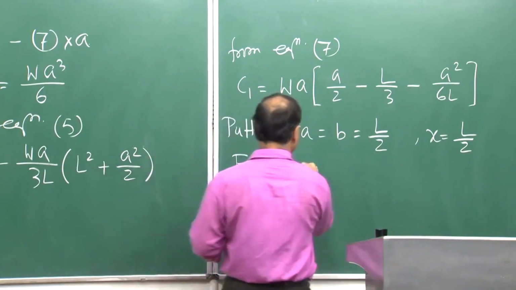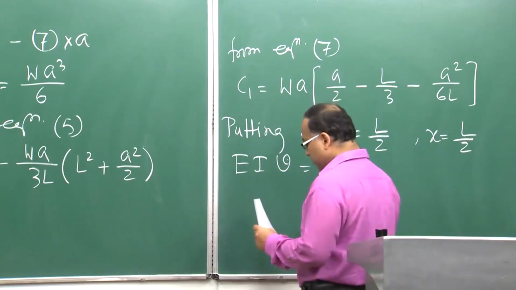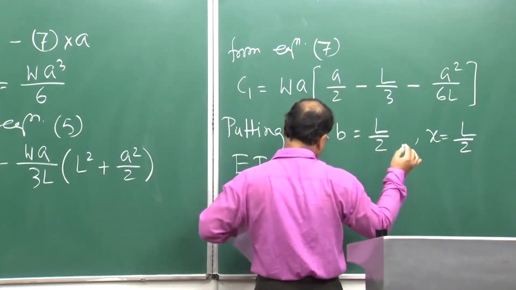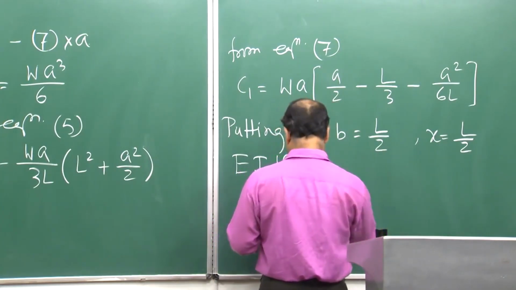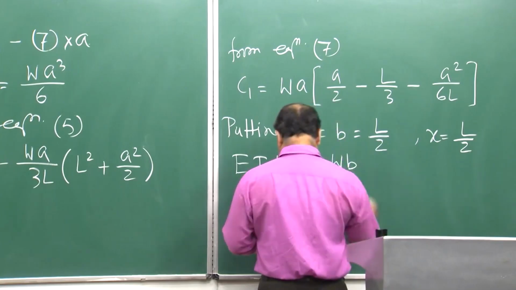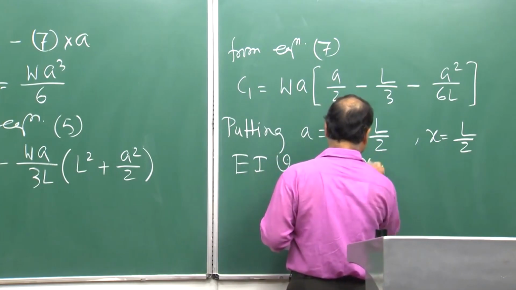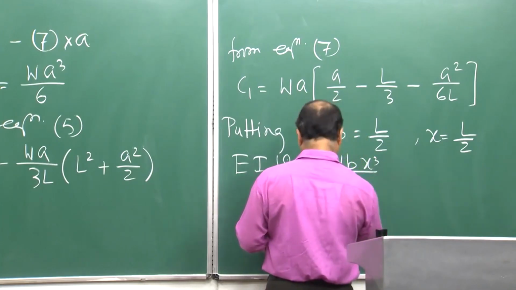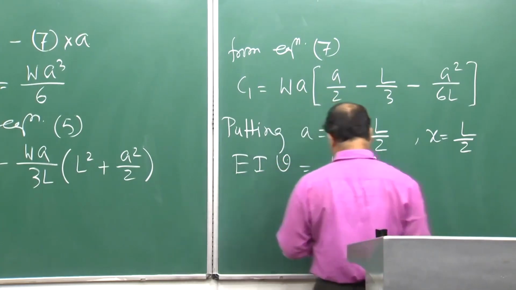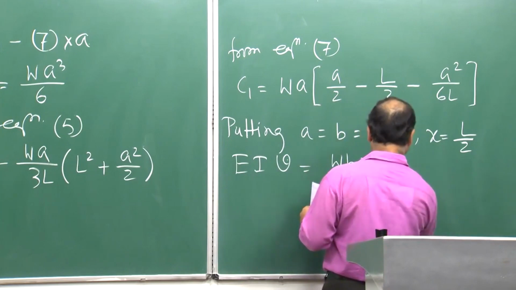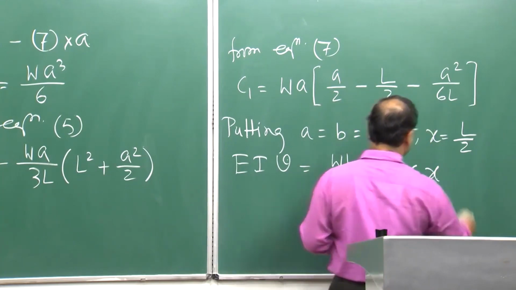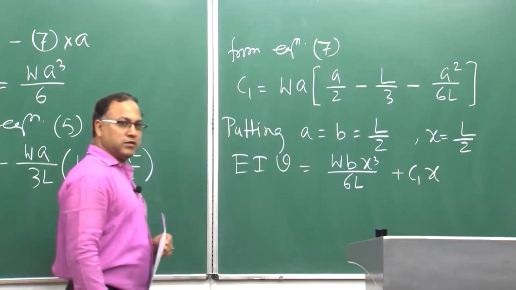So, from our earlier equation whatever we have derived for section 1, I can write W B x cube by 6 L plus C1 x, and if you recall, C2 was 0.